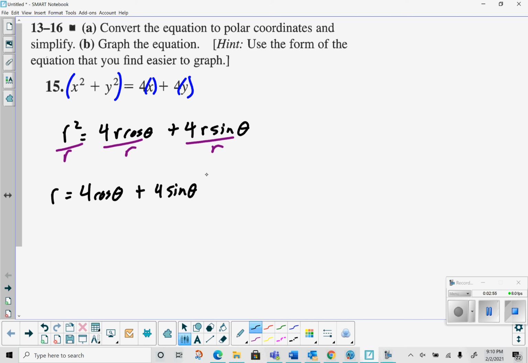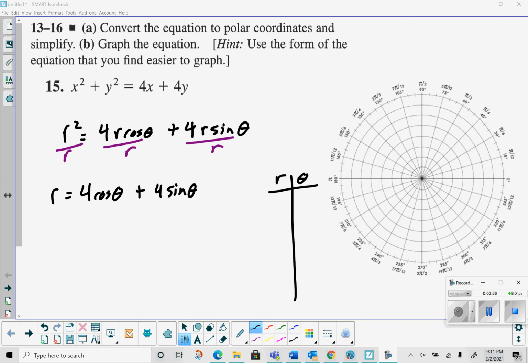So then the graph. We could take the original up here and convert that into standard form. It's a conic section. Two squared terms, it's not a parabola. They're the same sign, it's not a hyperbola.